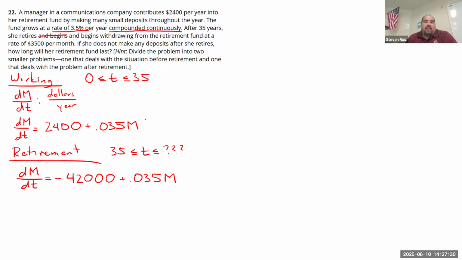Let's go ahead and put it in a friendly form for solving a first order linear equation. So dM/dt minus 0.035 M equals 2400. The integrating factor will be e raised to the integral of this coefficient, which is a constant.